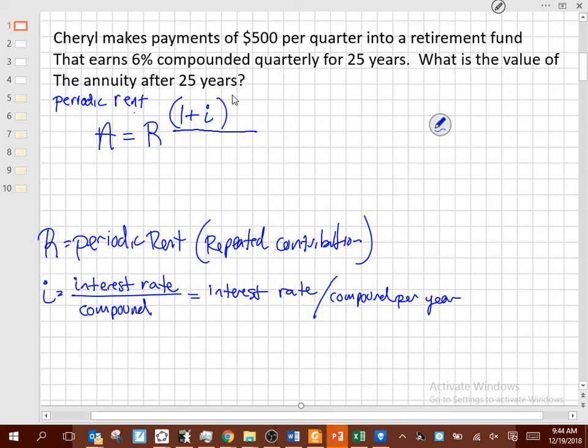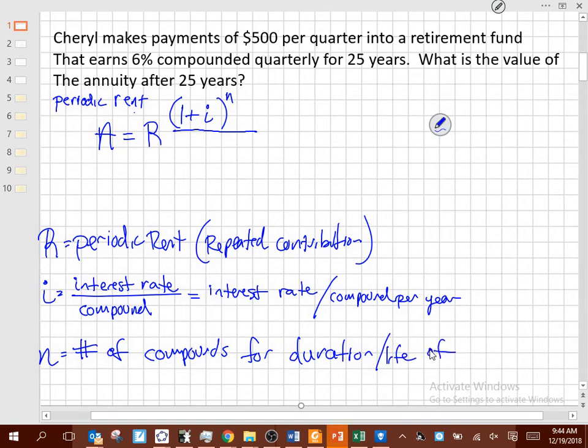We're going to raise that to the n. n is the number of compounds for the duration or the life of the annuity.